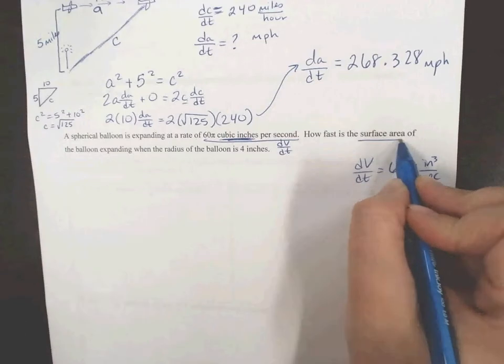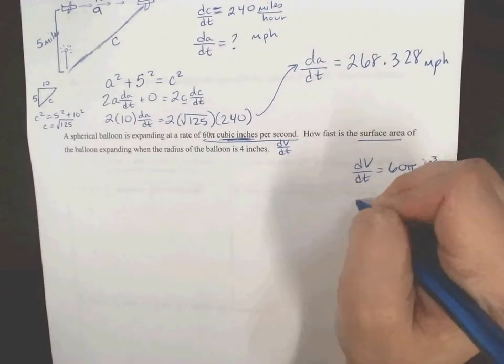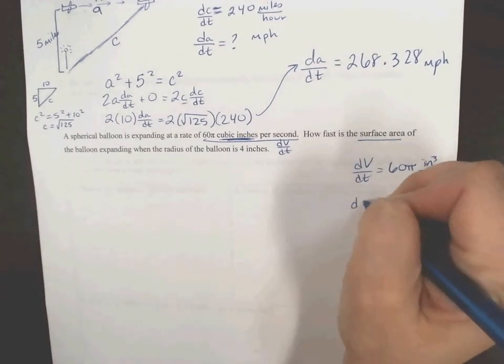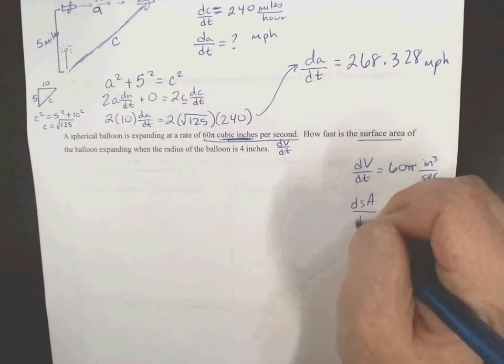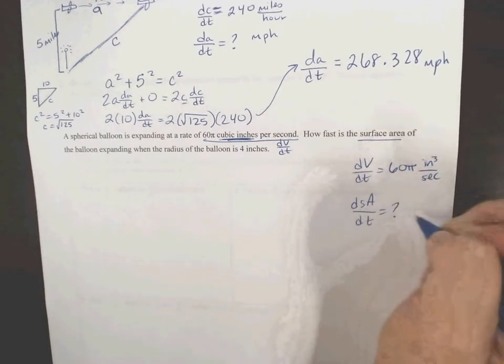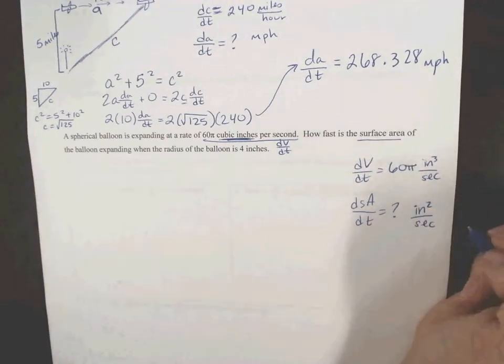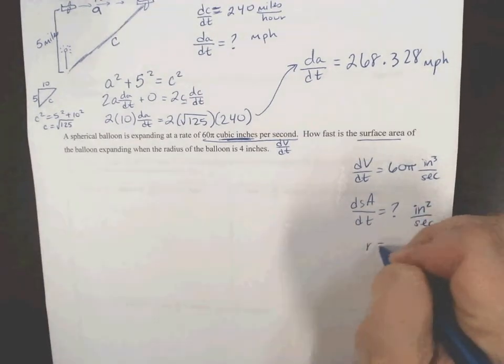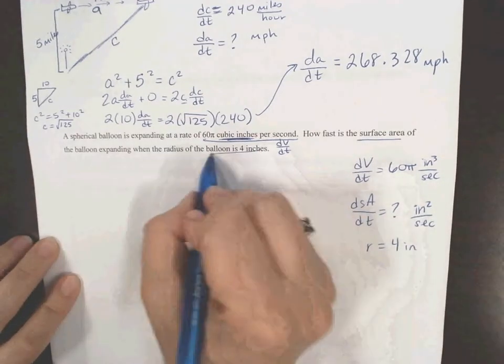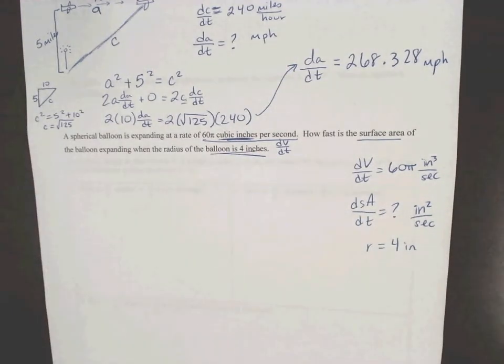How fast is the surface area of the balloon expanding? So I'm looking for the rate of the surface area with respect to time. Surface area is going to be square inches per second when the radius of the balloon is 4 inches.